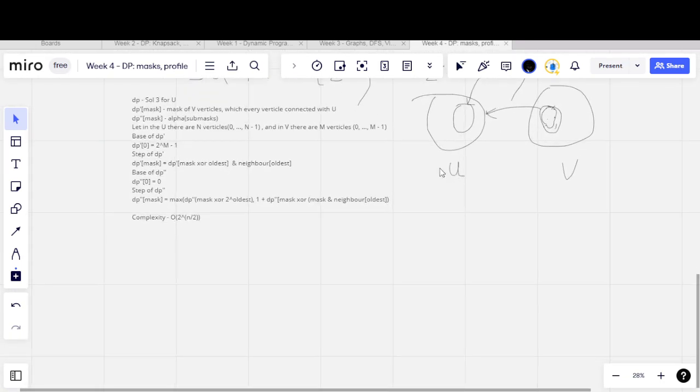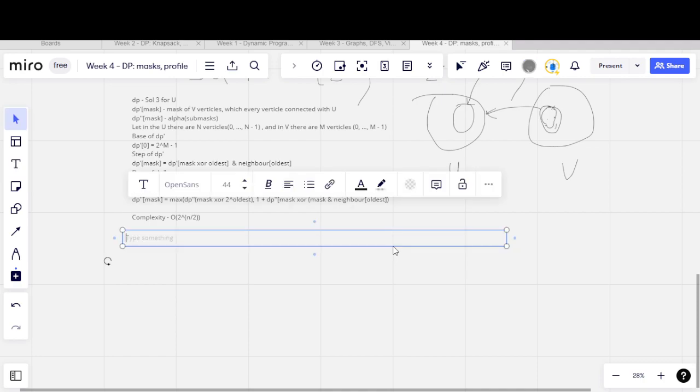So let's consider the broken profiles. Final topic.